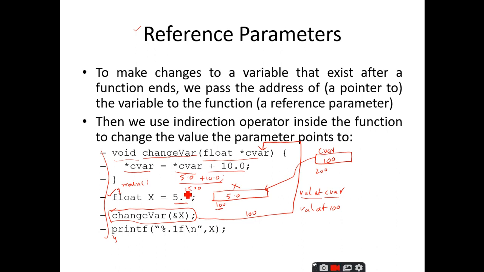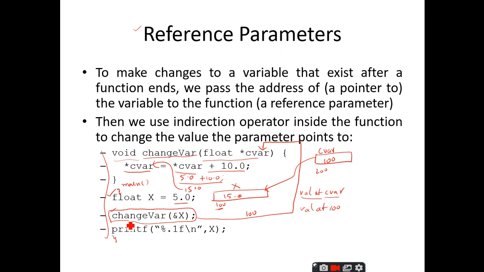I am storing it at value at cvar, which is value at 100. What is value at 100? 5.0. So you override this 5.0 with 15.0.